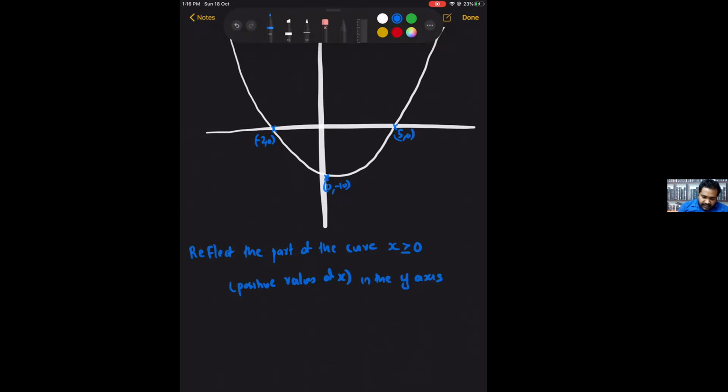So this positive aspect is what we need. We need only the positive aspect. So I will draw the positive aspect of f of x. Then I will reflect it.